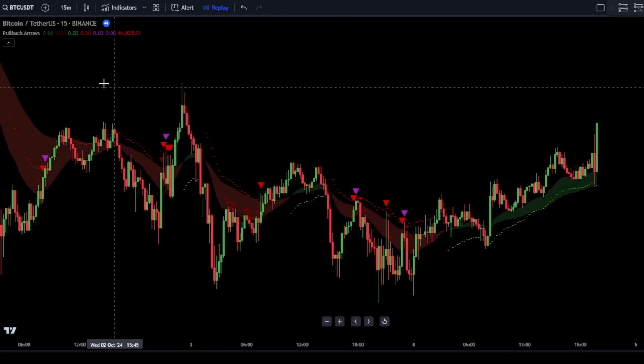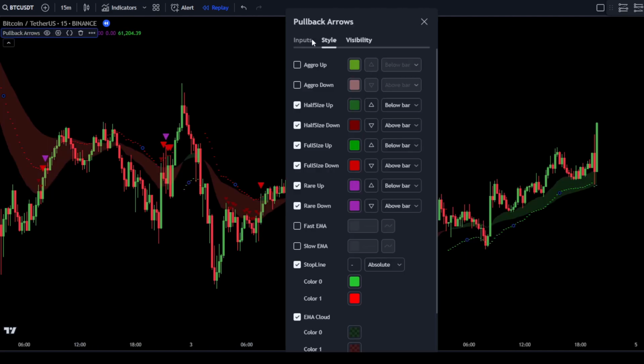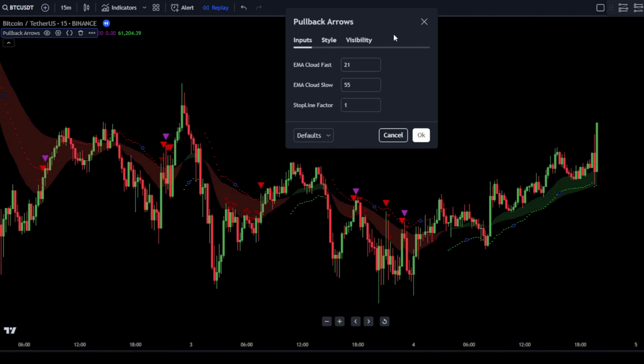After that, configure the Pullback Arrows indicator. In the Input tab, change the number on the EMA cloud fast to 35. Then, also change the number on the EMA cloud slow to 65.